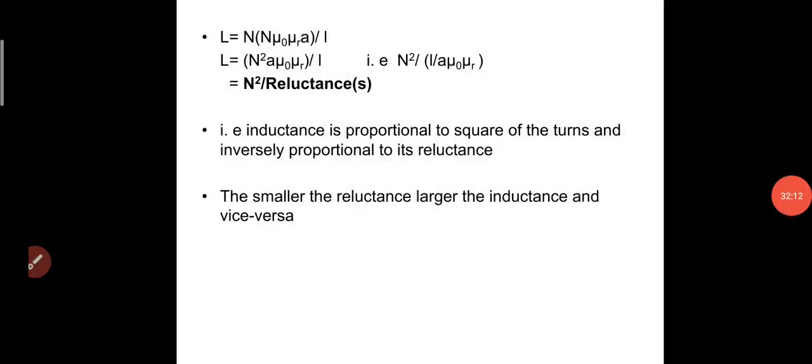Inductance is proportional to the square of the turns and inversely proportional to its reluctance. The smaller the reluctance, the larger the inductance, and vice versa.